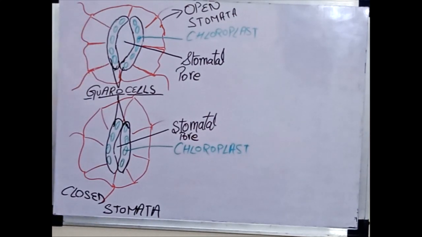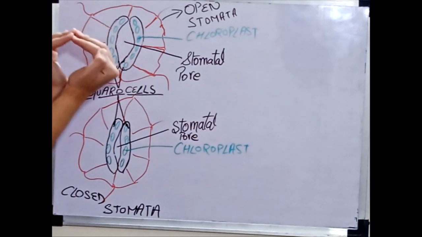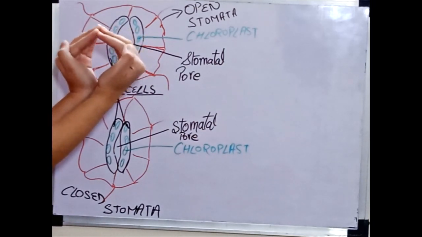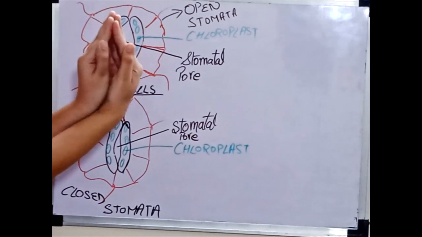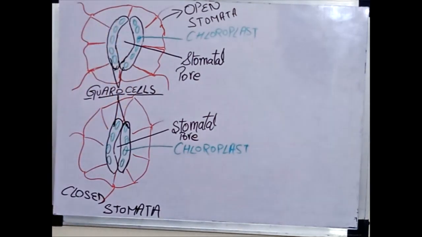You know, this is a bean-shaped structure. So this is like this, open stomata. Quite a huge space here for gaseous exchange as well as your transpiration. But it closes like this. Now, no space, more compact. That is what happens in this.